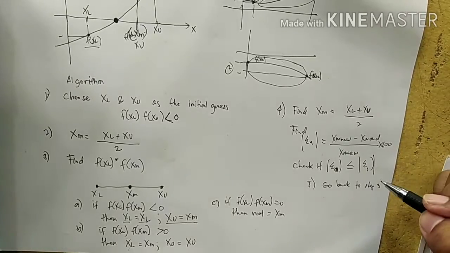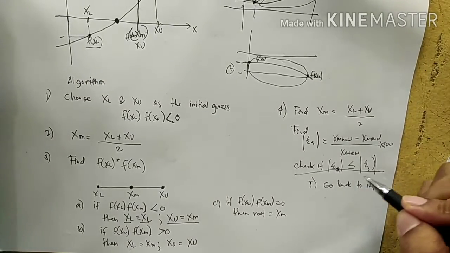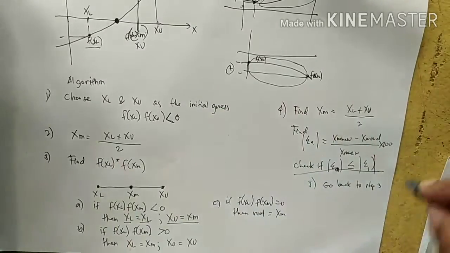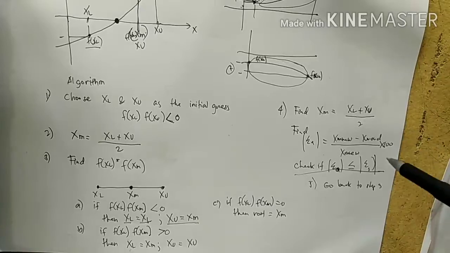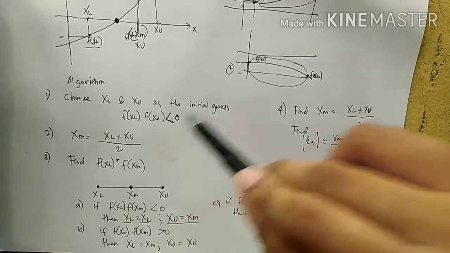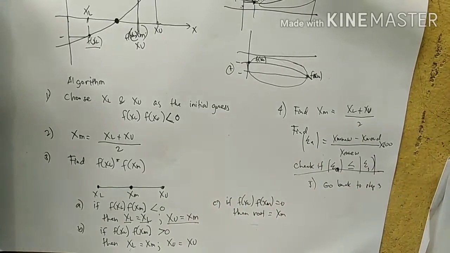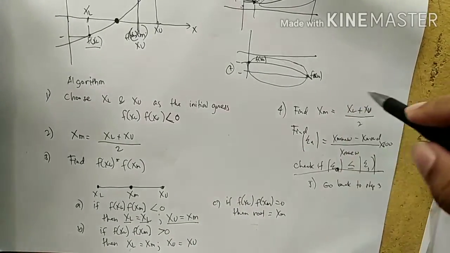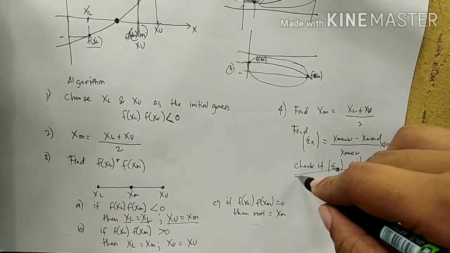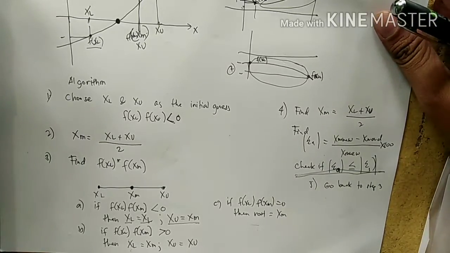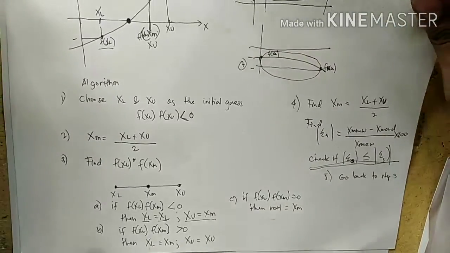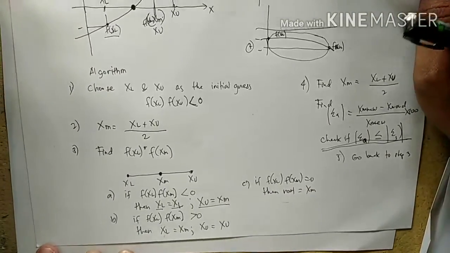You will stop only if you meet the condition, if it is less than or equal to the pre-specified tolerance. So you will iterate. If you don't meet it, go back to step 3. You will calculate the estimate several times until you meet the condition. So that is the algorithm for bisection.